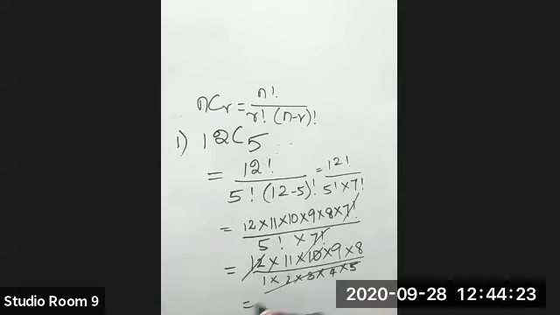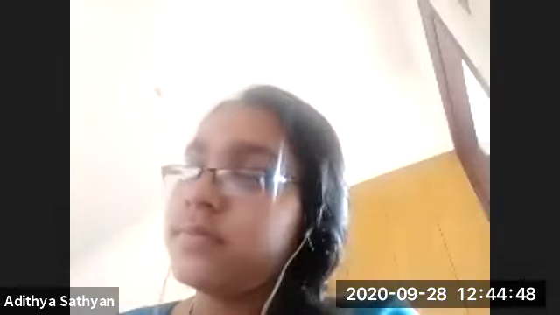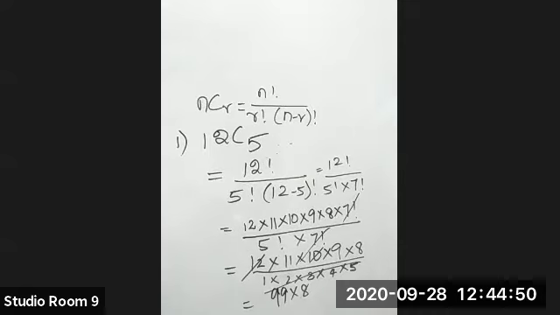That 8 you should multiply, 99 into 8. It is 792. Aditya, Satyan, are you getting this answer? Yes, ma'am, 792. So for 12C5, we are applying the definition and finding this.